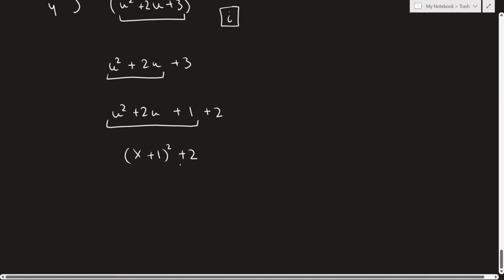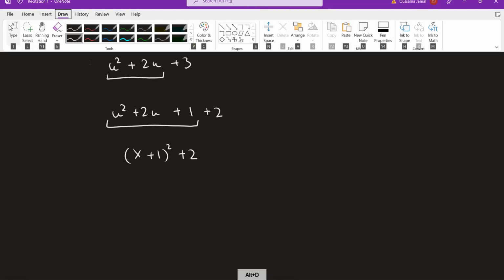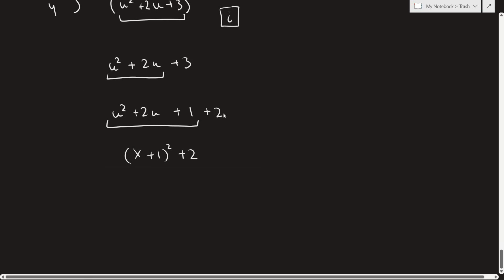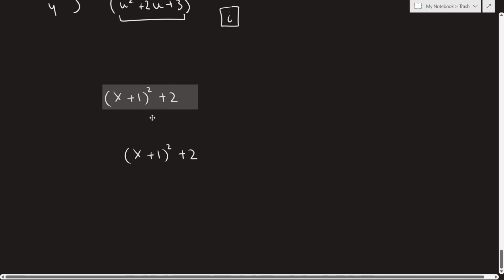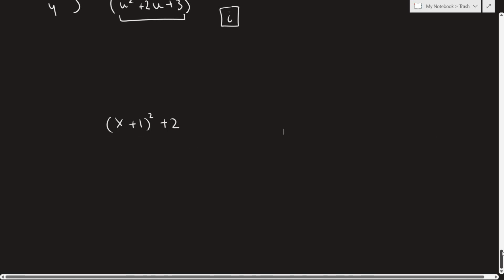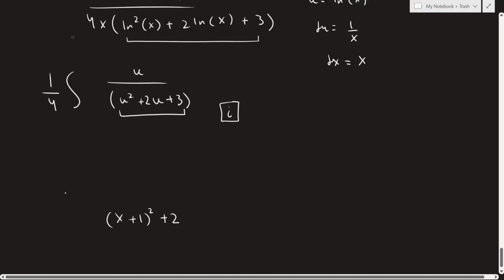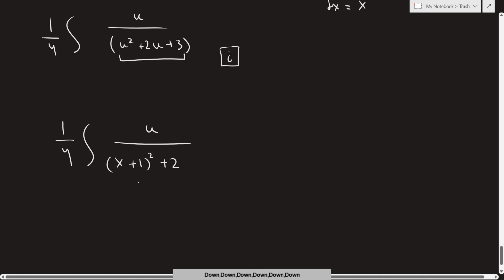Great. Now just replace. Let me rewrite this here. It's going to be 1 over 4 integral of u over (u plus 1) squared plus 2.